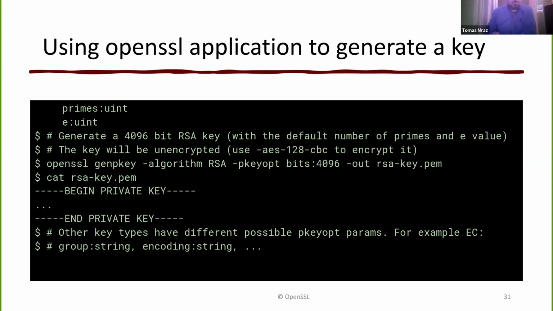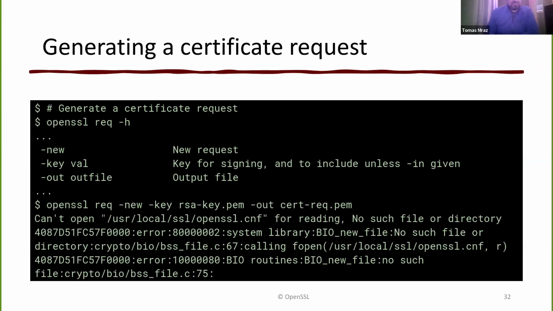So what can we do with the key? Usually we want to generate a certificate request. For that, we have this req application, and we can use openssl req -help to look at the options that it has. There will be many options.